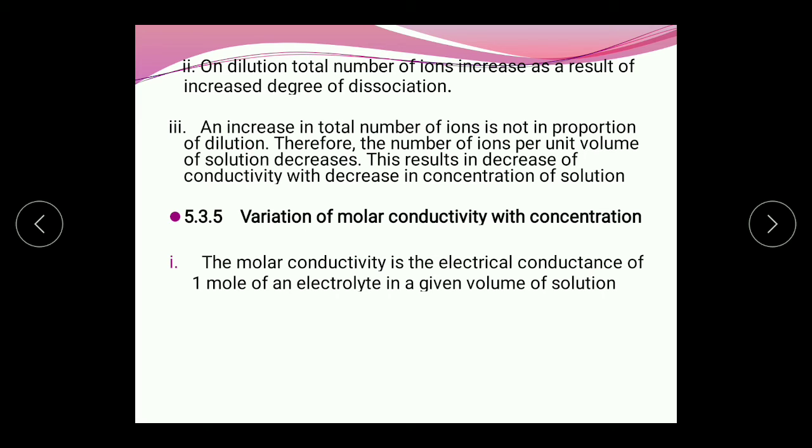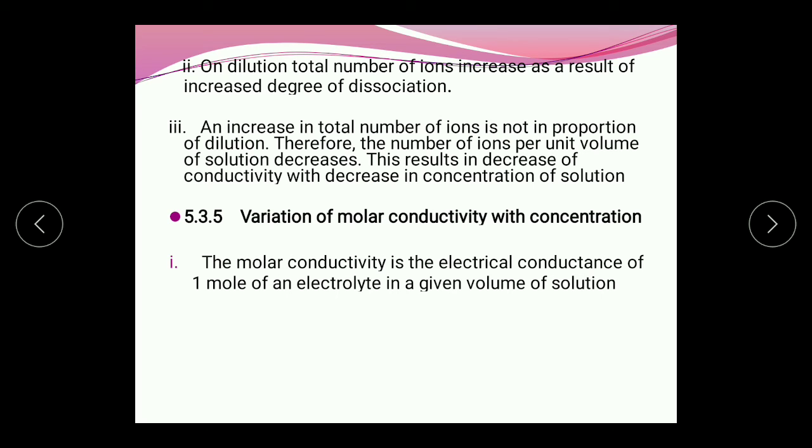When we dilute this solution, the total number of ions increases because there is an increase in degree of dissociation. Last year we learned about degree of dissociation, that is alpha. As degree of dissociation increases, on dilution, the total number of ions also increases. But this increase in total number of ions is not in proportion to dilution.